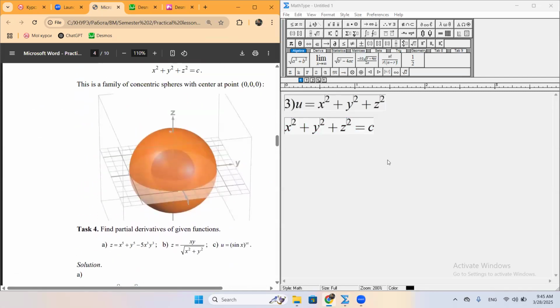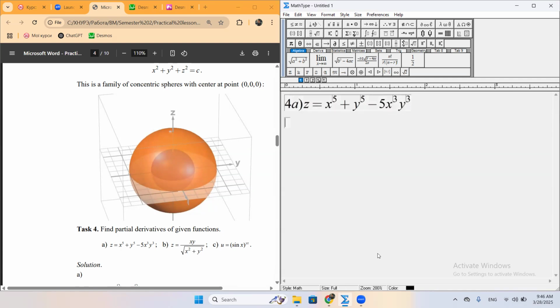And finally, we are calculating partial derivatives of functions. So the first, for A, we have a polynomial function z equals x in power of 5 plus y in power of 5 minus 5 x cube y cube.